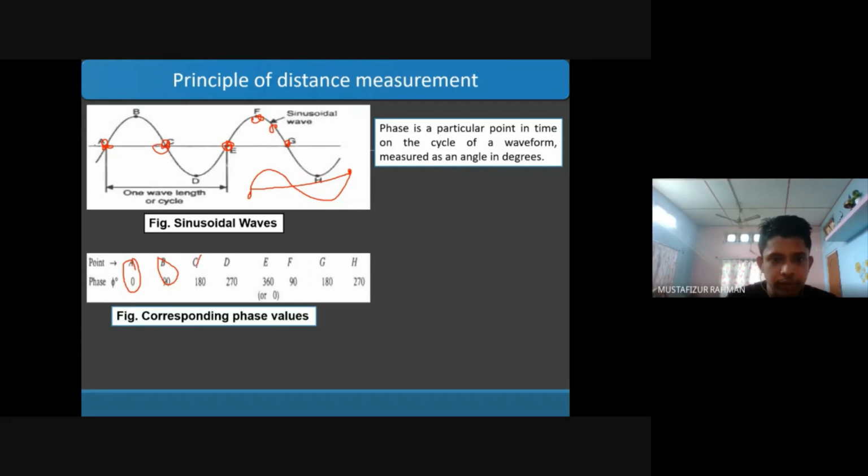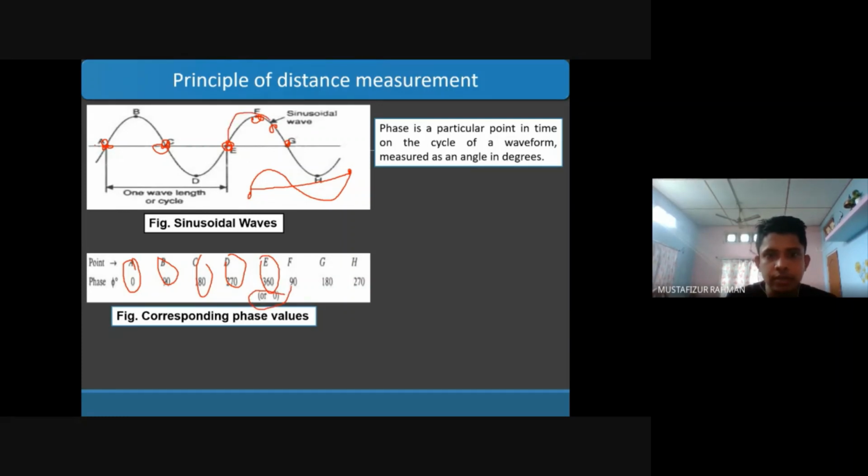At D point here 270 degree, and at E point it completes one wave.